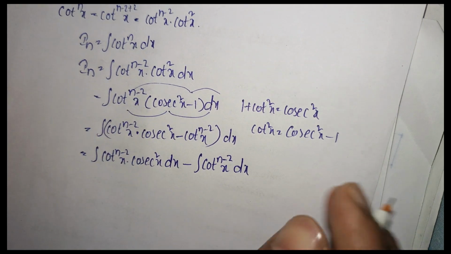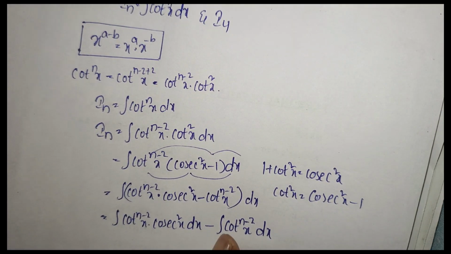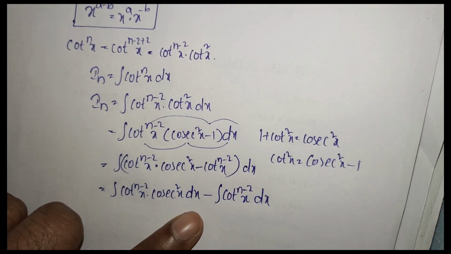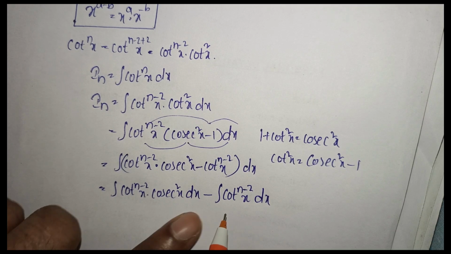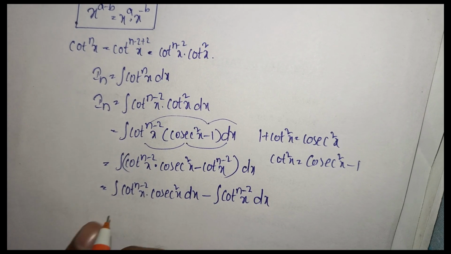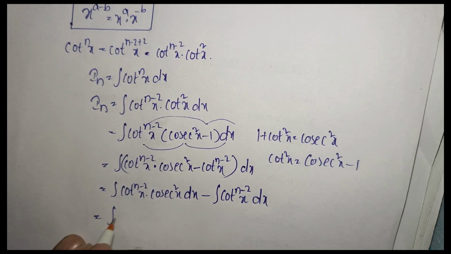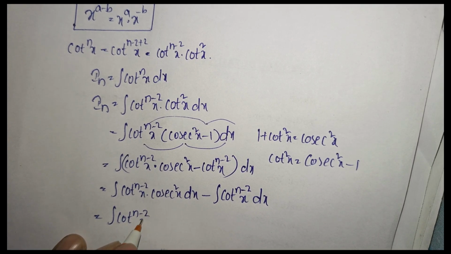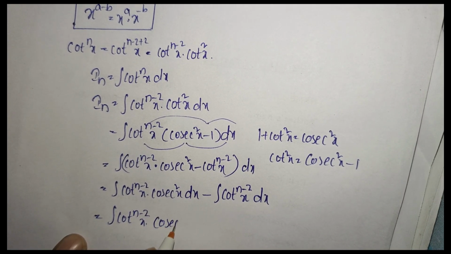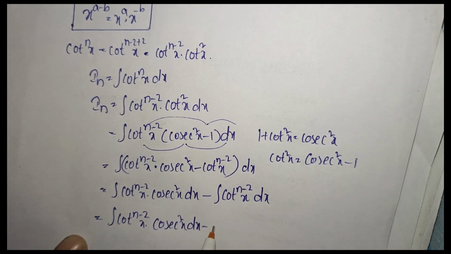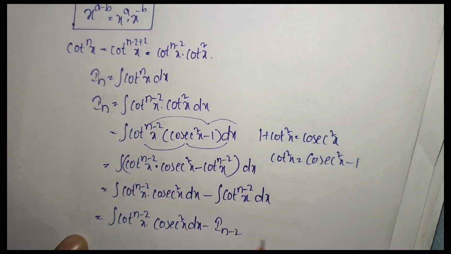So you know that this one is nothing but I_{n-2}. I'm replacing here: the integration of cot to the power of n minus 2 x into cosecant squared x dx, minus I_{n-2}.